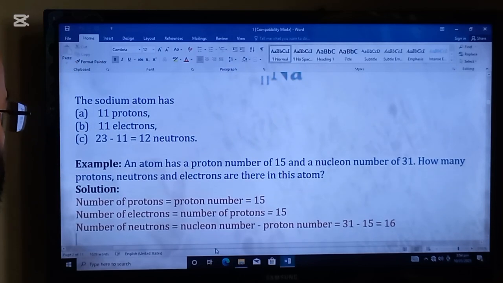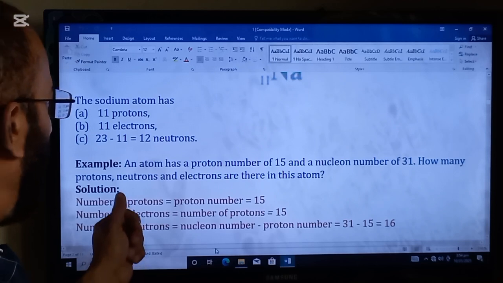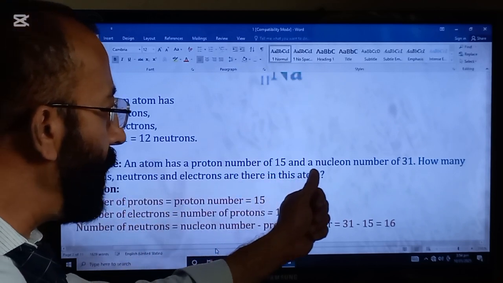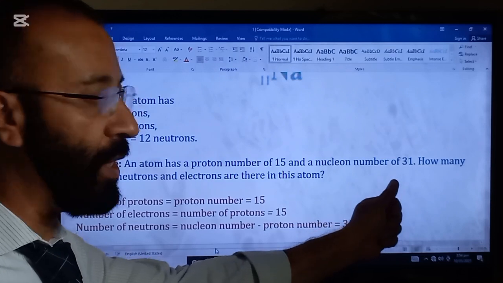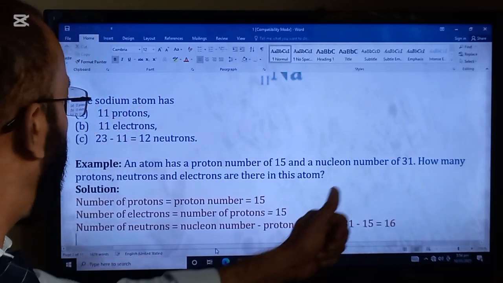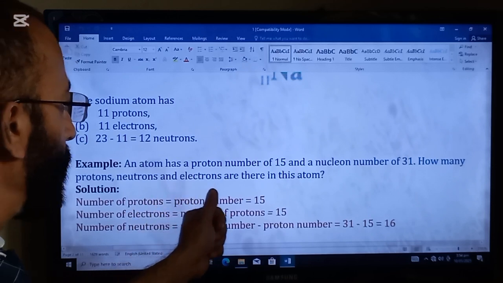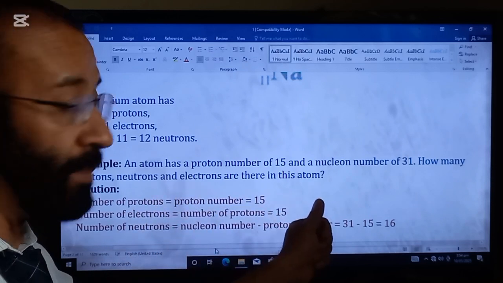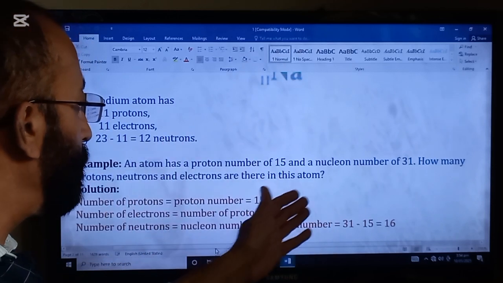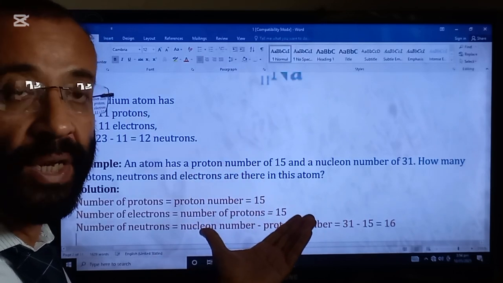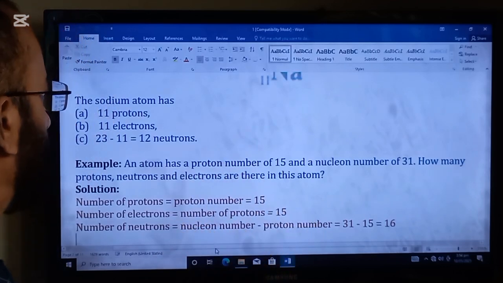Here is an example. An atom has a proton number of 15 and nucleon number of 31. How many protons, neutrons, and electrons are there in this atom? And from this statement, we can judge this atom is electrically neutral.